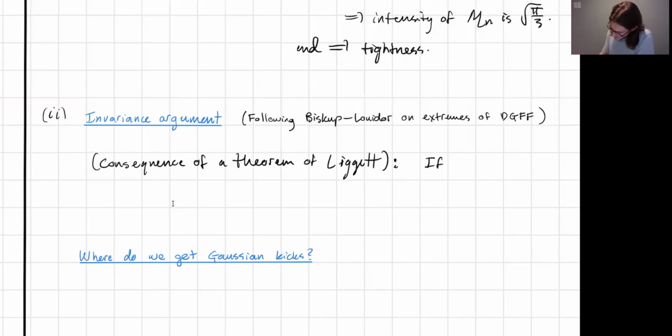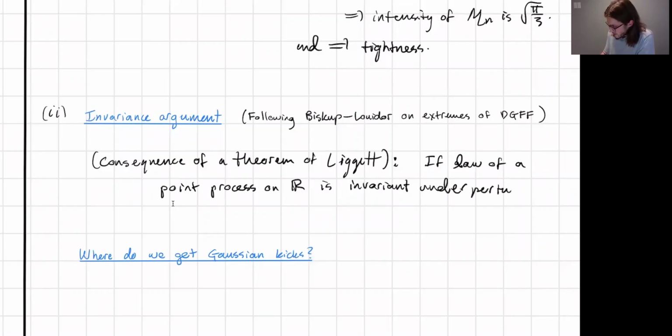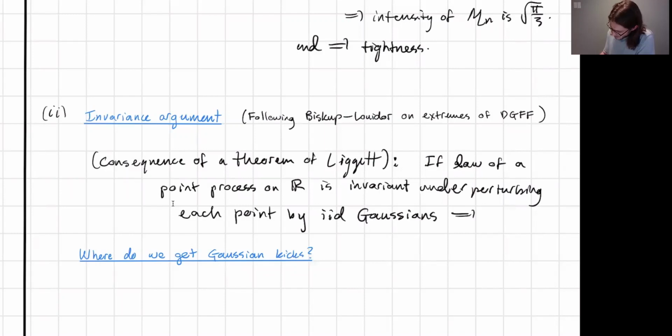It says that if the law of a point process, let's just say on the real line, is invariant under perturbing each point by IID Gaussians, so just give each point independently a Gaussian kick, then it's a Poisson point process of constant intensity.